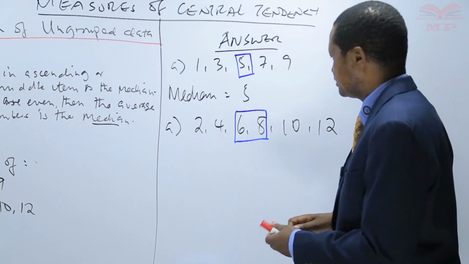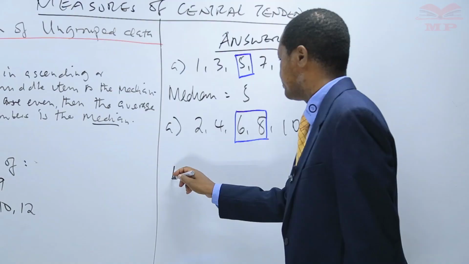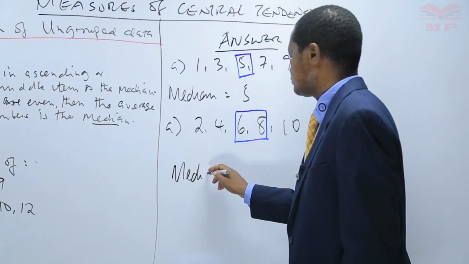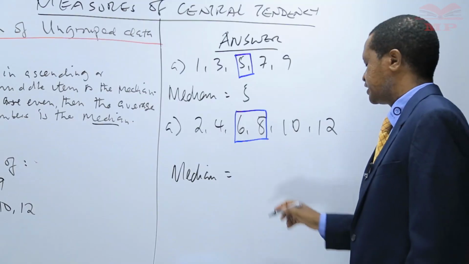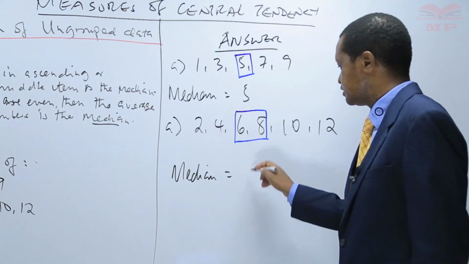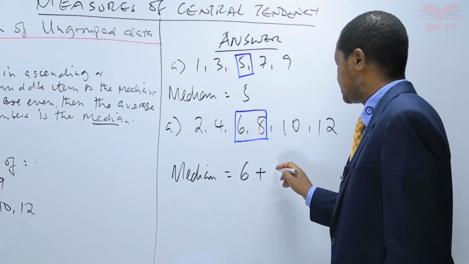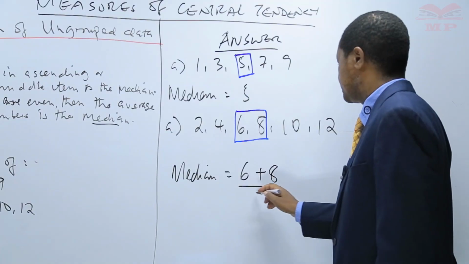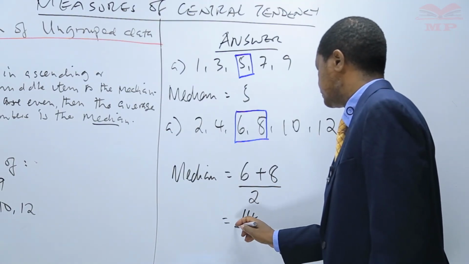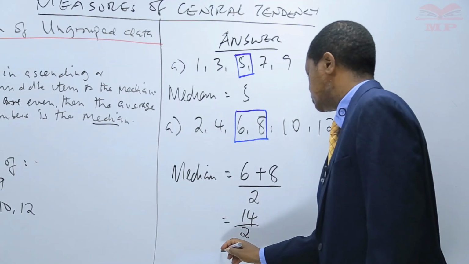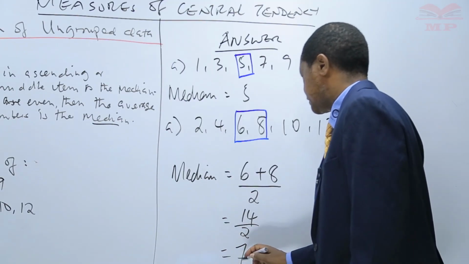So the median for this data will be the average of 6 and 8. And how do you get the average? We take 6, add 8, divide by 2. This will be equal to 14 divided by 2, which is equal to 7.